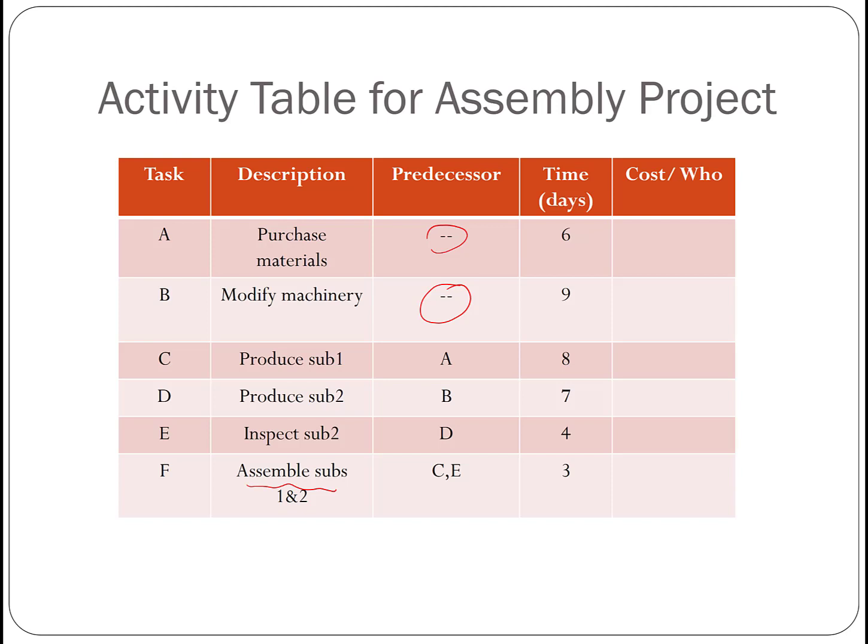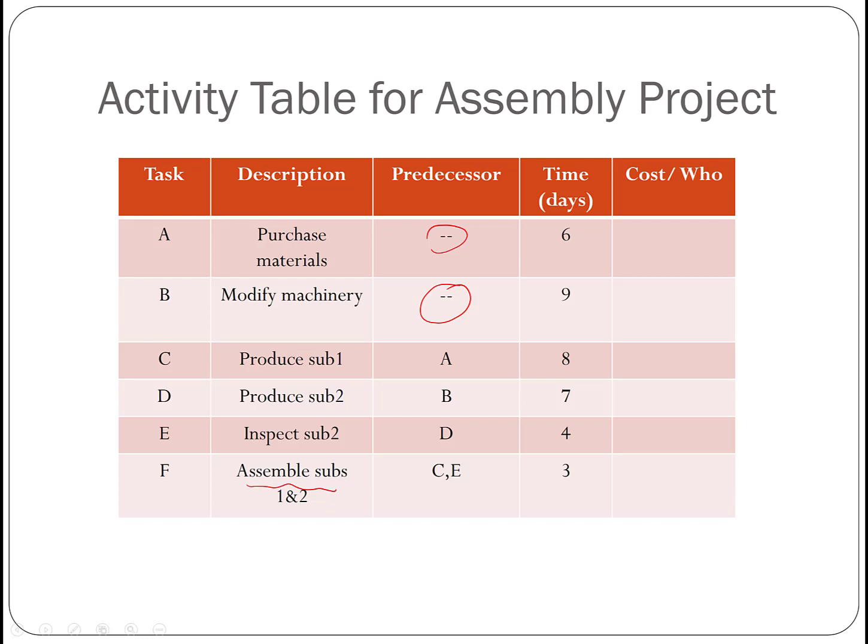Okay, and in this detailed table, we get to know that to produce subassembly 1, we need to purchase material, and to produce subassembly 2 we need to modify the machinery. So these are the predecessors of those activities, and the durations in days are also given.